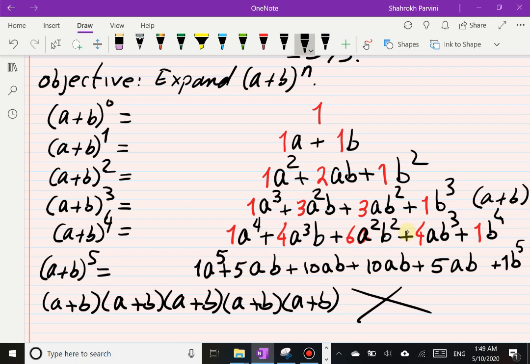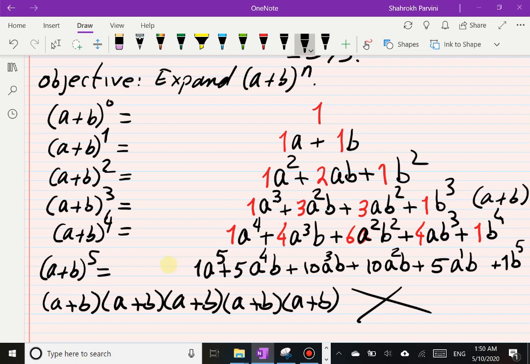Now, let's take a look at the other pattern that we see here. If you look at the exponent on a, in a plus b to the 4th, it begins with 4, then it goes to 3, 2, 1, to nothing, right? So it's going to continue on that pattern in the next line. A to the 5th, next term, 4, 3, 2, 1, which we don't usually write.